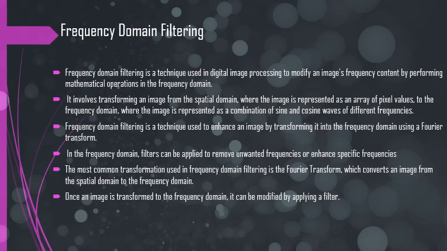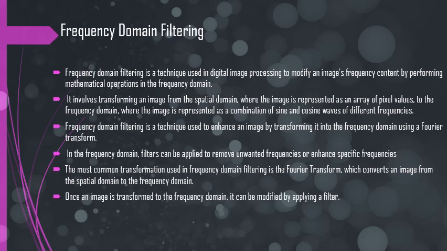Frequency domain filtering. Frequency domain filtering is a technique which is used in digital image processing to modify an image's frequency content by performing mathematical operations in the frequency domain. It involves transferring an image from the spatial domain, where the image is represented as an array of pixel values, to the frequency domain, where the image is represented as a combination of sine and cosine waves of different frequencies.